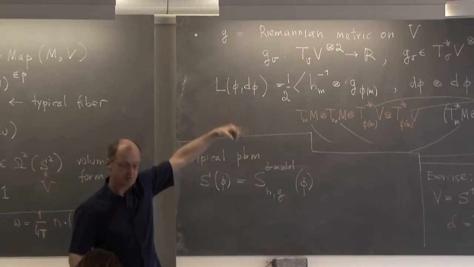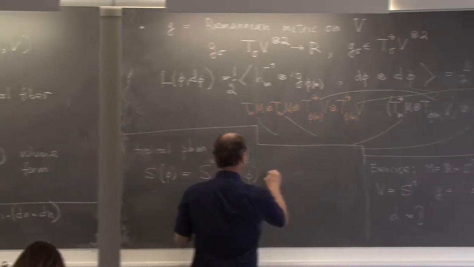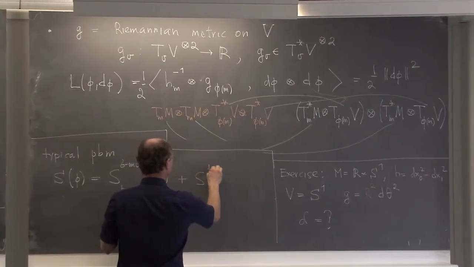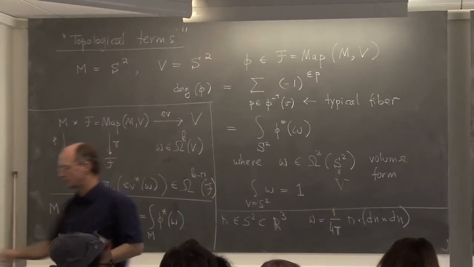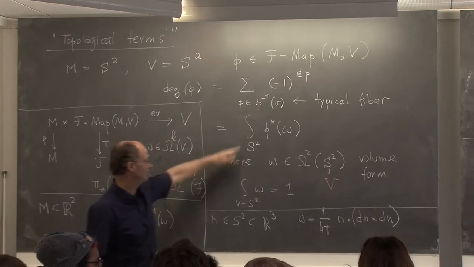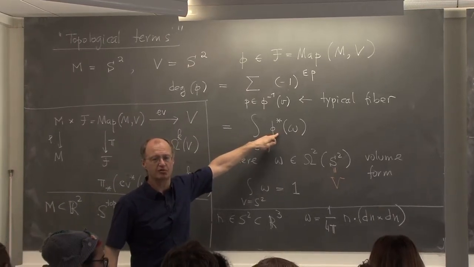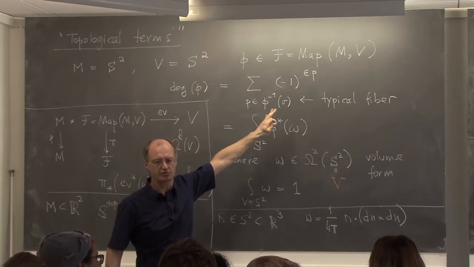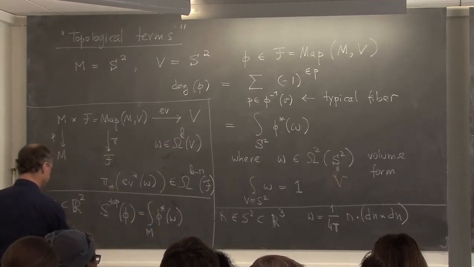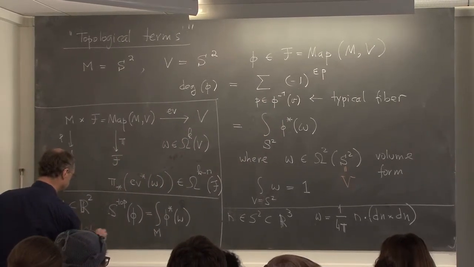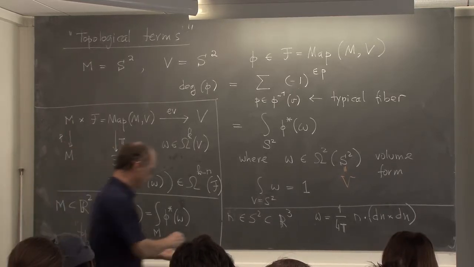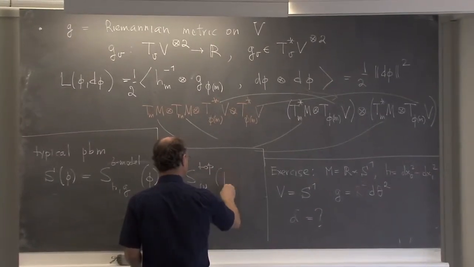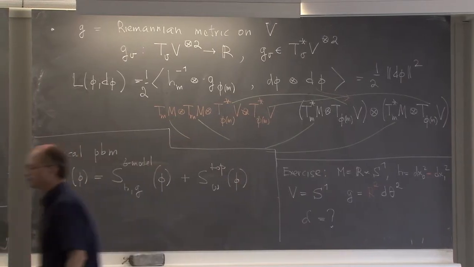So the integral of this horror story plus the so-called topological term, whatever that means. Of course, it refers to the fact that if you take a closed manifold, then you usually get some kind of degree. So this is a topological term plus S top omega of phi.